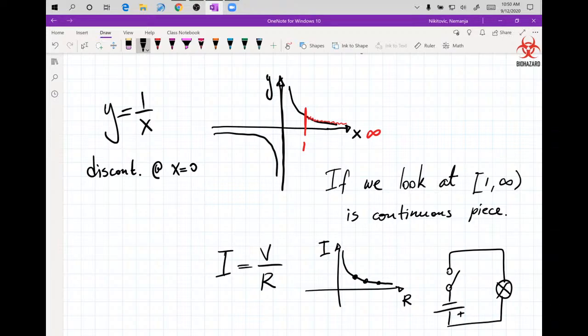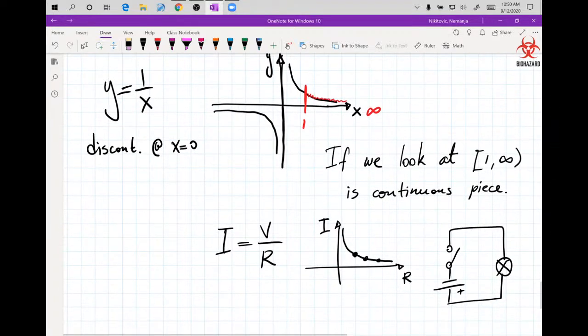When you open the switch, the resistance between the 2 points becomes infinite. And because the resistance is infinite, this is your limit at infinity, your current is 0 and the light is not on. And what is current? Current is movement of electrons through the medium wire.